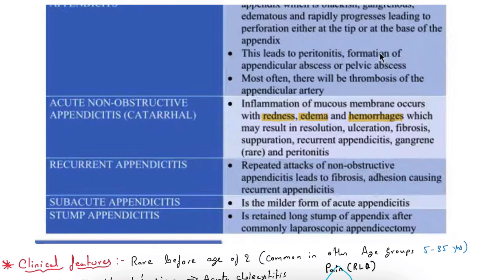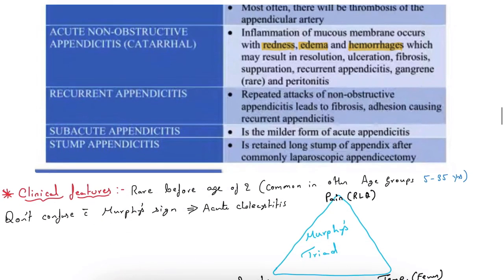Next, recurrent appendicitis: repeated attacks of non-obstructive appendicitis lead to fibrosis and adhesion, causing recurrent appendicitis. Next, subacute appendicitis is a milder form of acute appendicitis, and stump appendicitis is a retained long stump of the appendix, commonly seen after laparoscopic appendectomy.